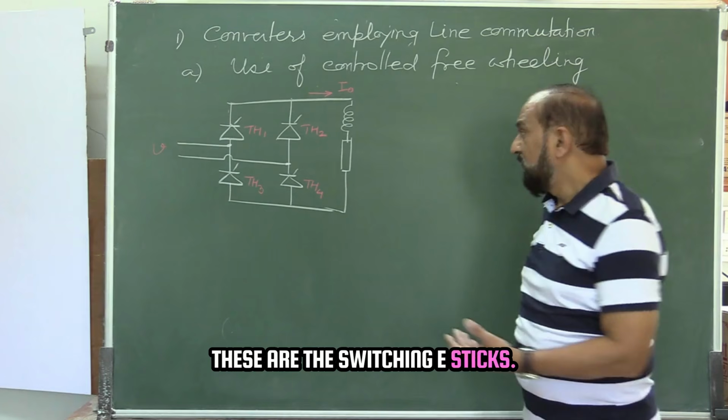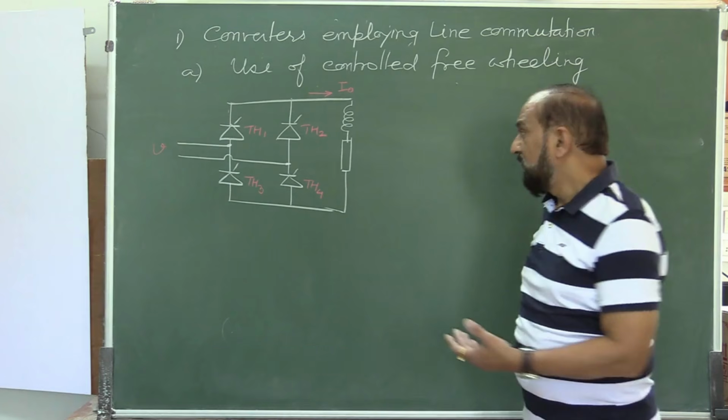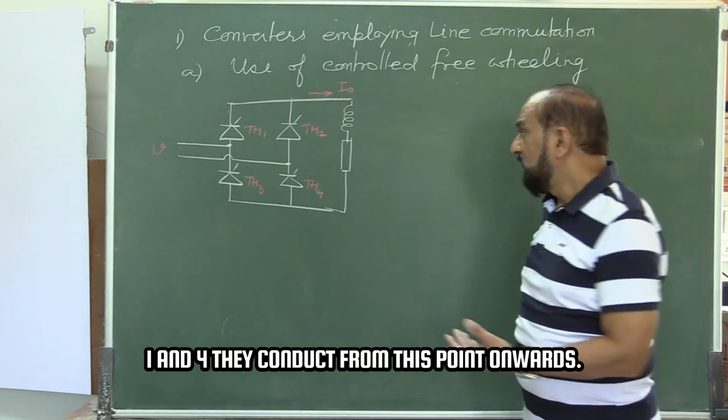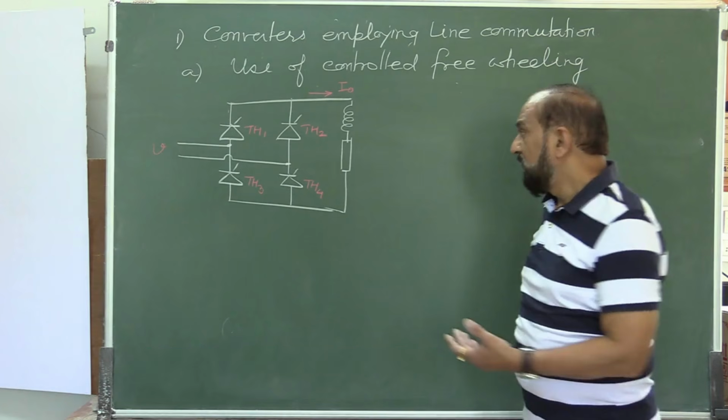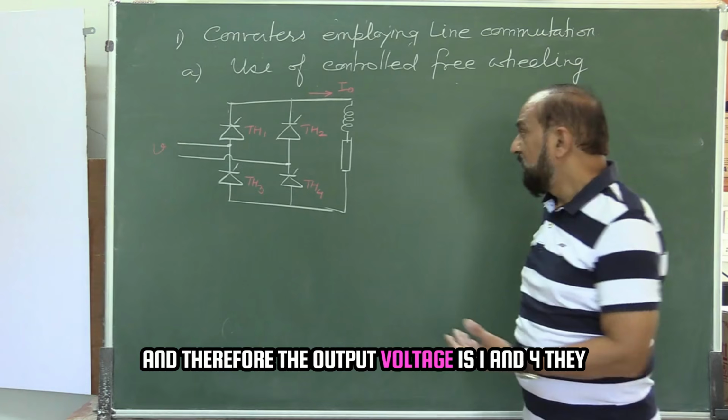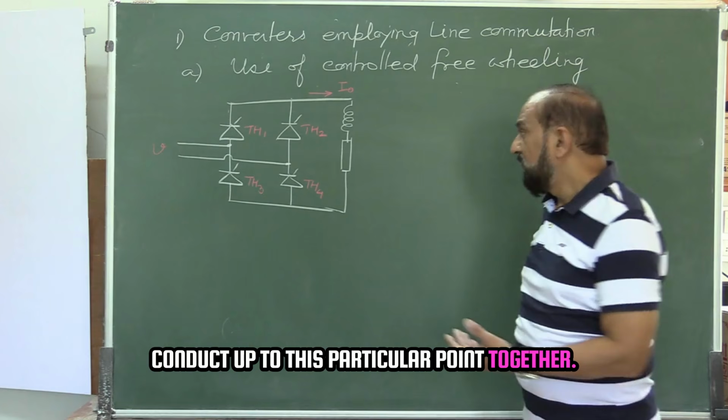these are the switching instants. 1 and 4, they conduct from this point onwards, and therefore the output voltage is V. 1 and 4 conduct up to this particular point together.